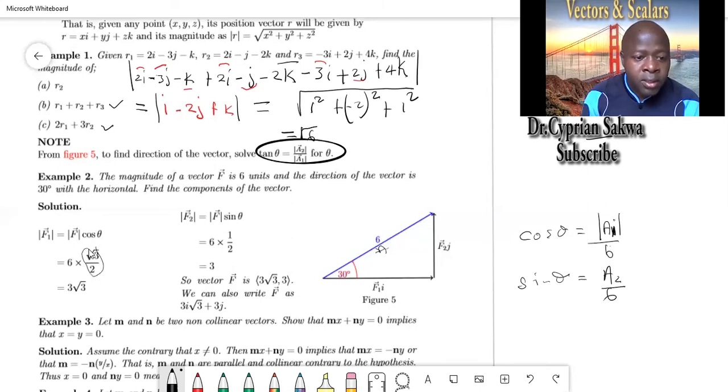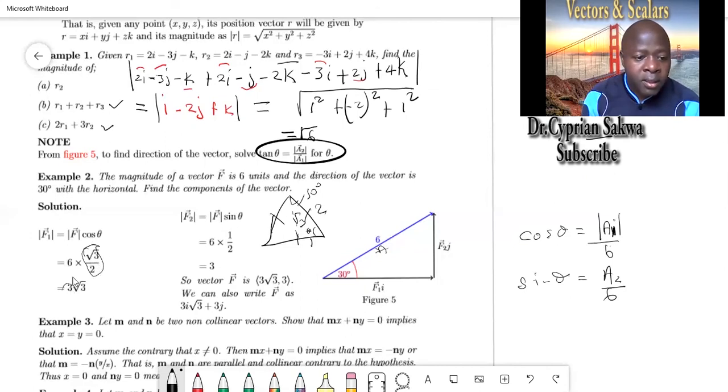When you use the special angles, remember this triangle, this equilateral triangle, where this is 2, this is 1, this is root 3, this is 60 degrees, and this is 30 degrees. So cos 30 will be adjacent over hypotenuse, which is root 3 over 2.